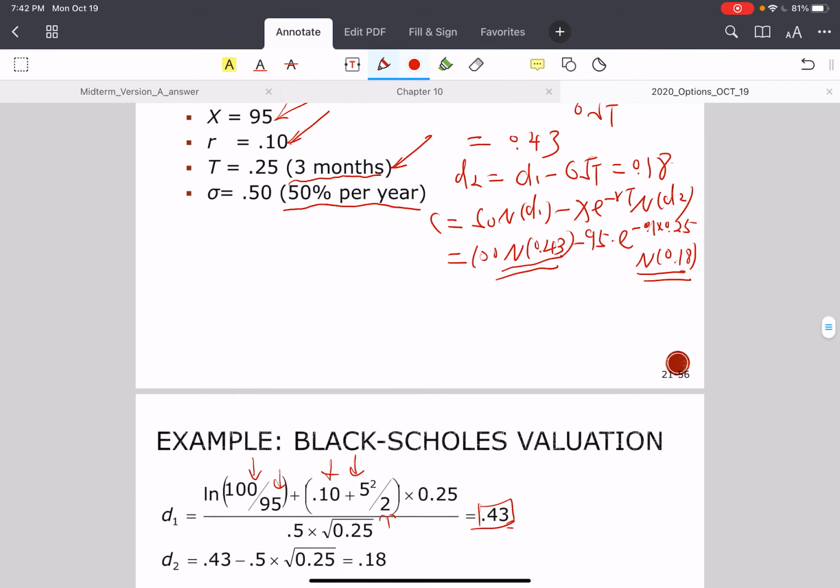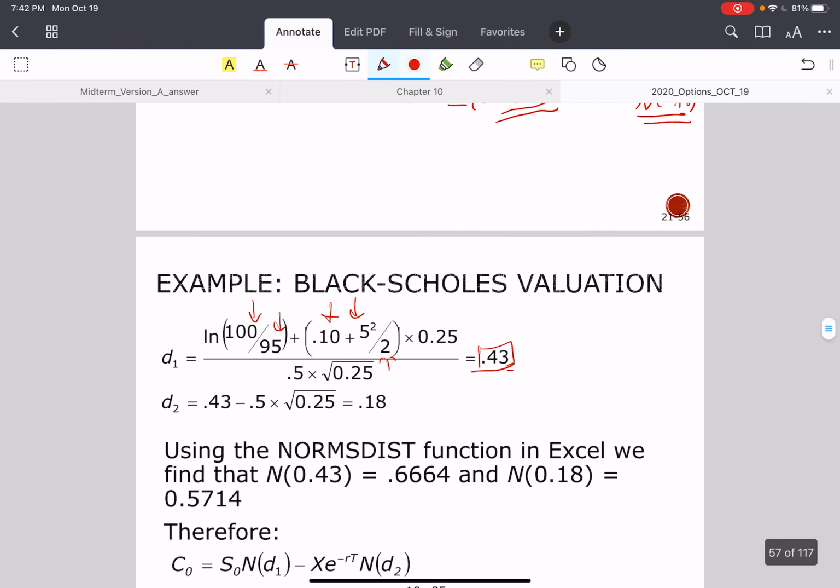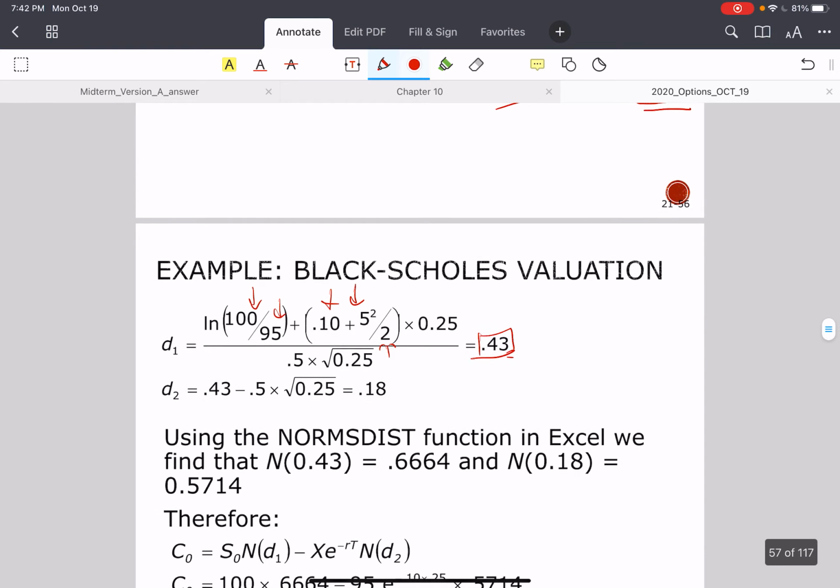So one way to get this is you could use the Excel function NORM.S.DIST. So it's basically normal distribution. So here you can find out this N(0.43) equals this and N(0.18) equals this.